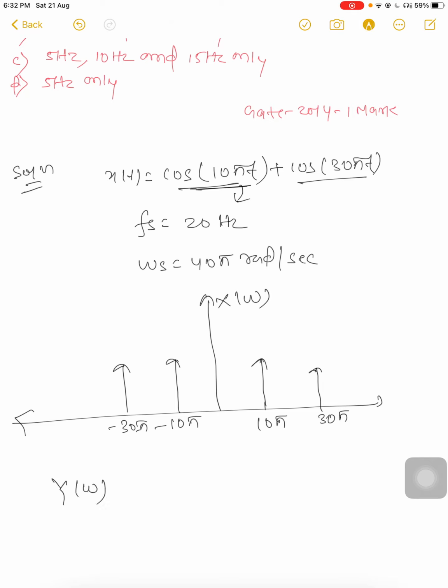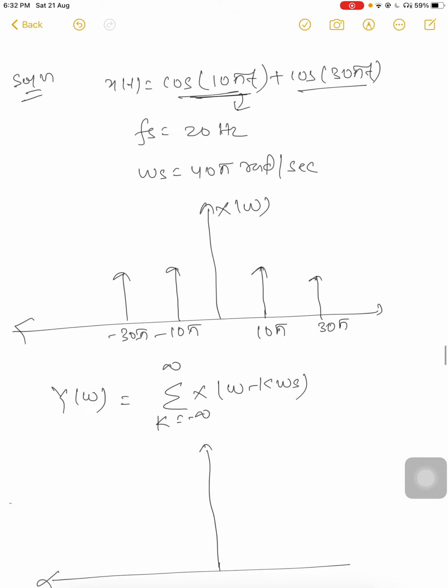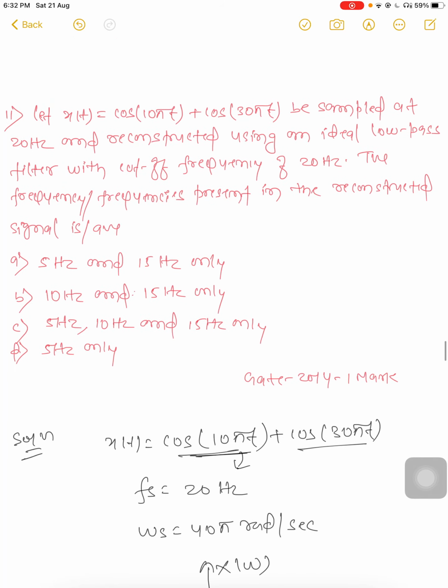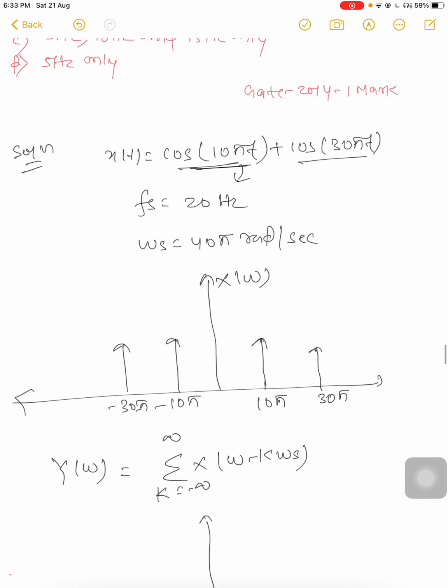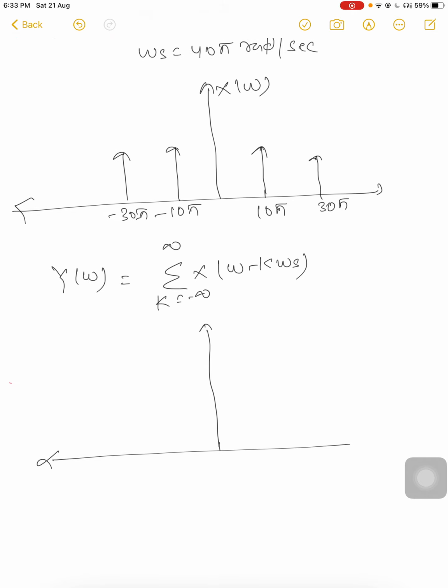Okay, and Y omega is the sum over k equal to minus infinity to infinity of F omega minus k omega. After sampling the waveform will be sampled at 20 hertz, so it will be shifted by 20 hertz.